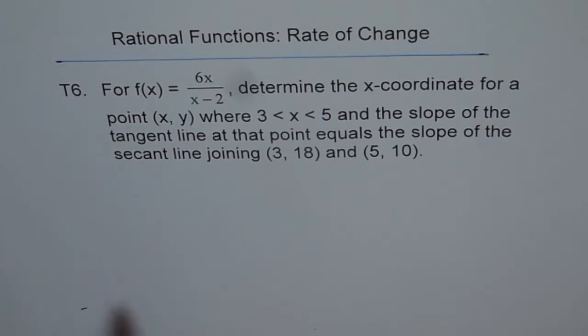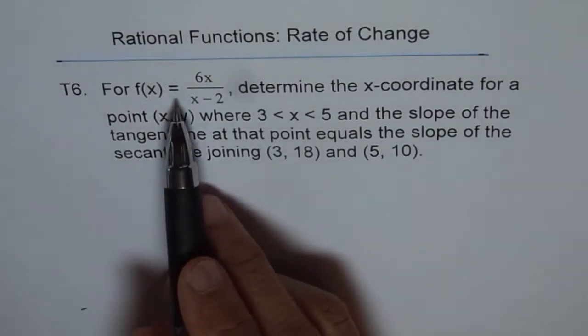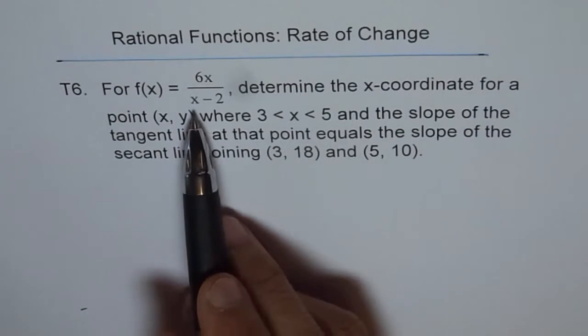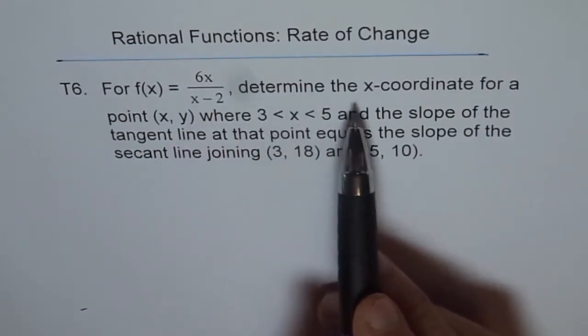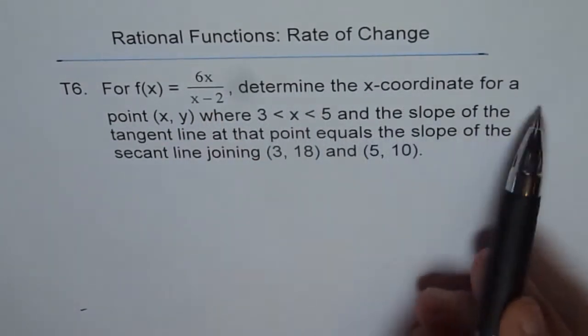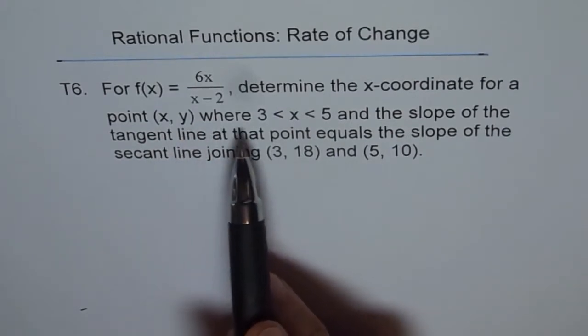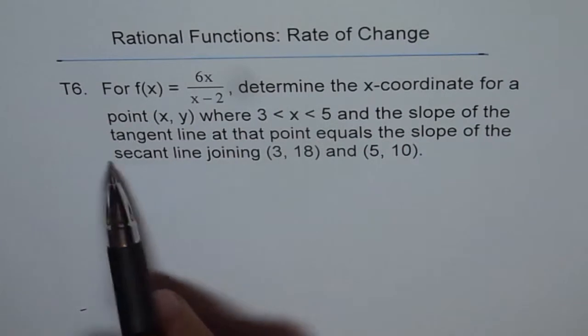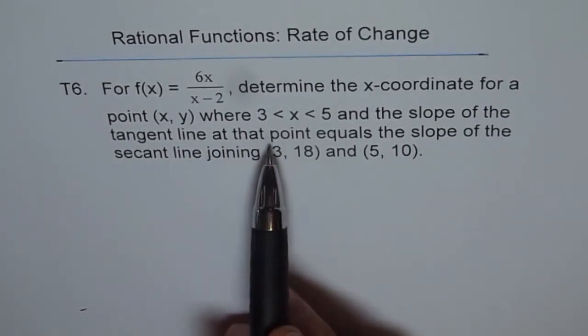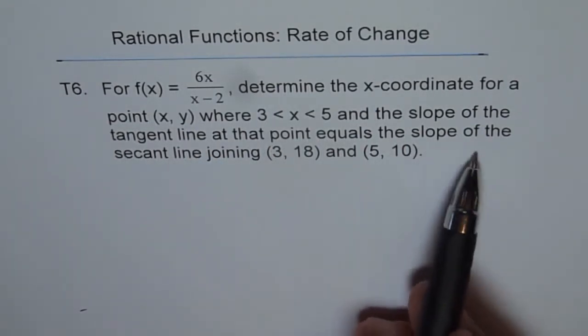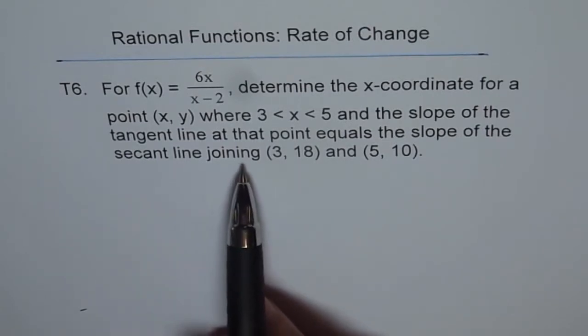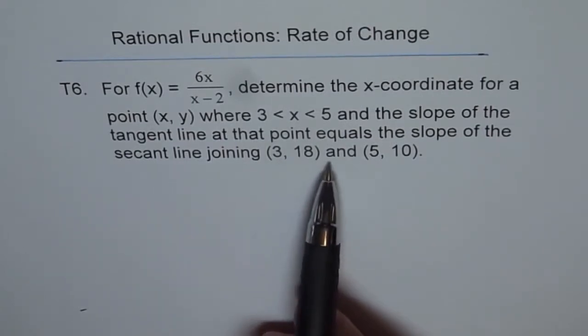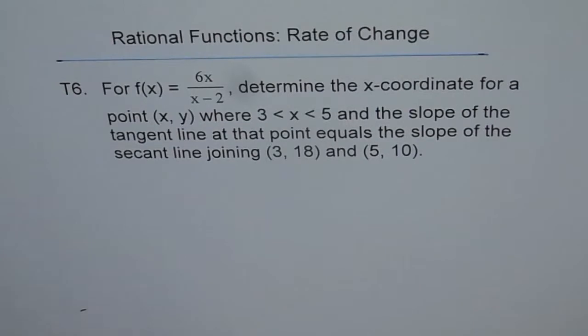Okay, the function here is f of x equals 6x divided by x minus 2. Determine the x coordinate for a point (x, y) where x is between 3 and 5 and the slope of the tangent line at that point equals the slope of the secant line joining (3, 18) and (5, 10).